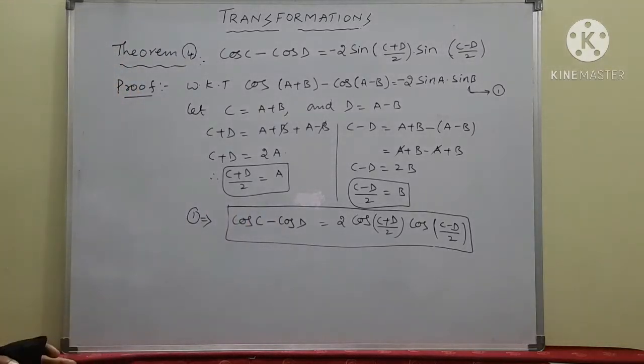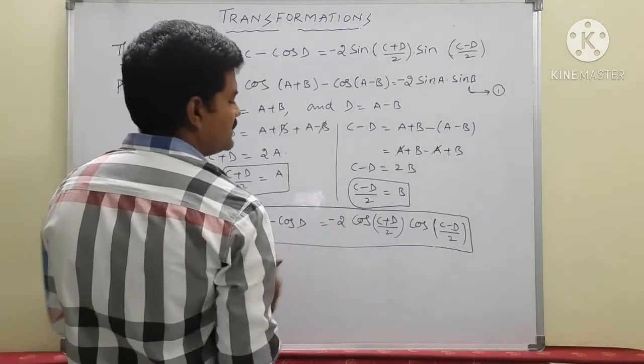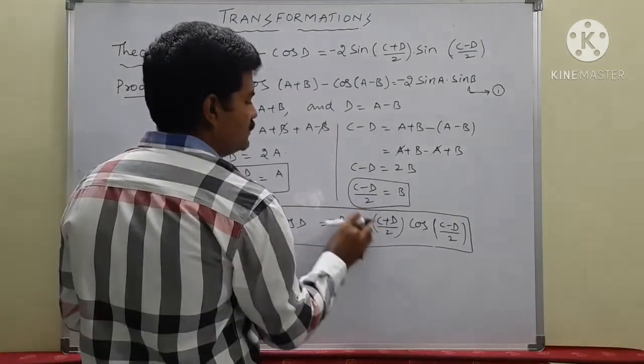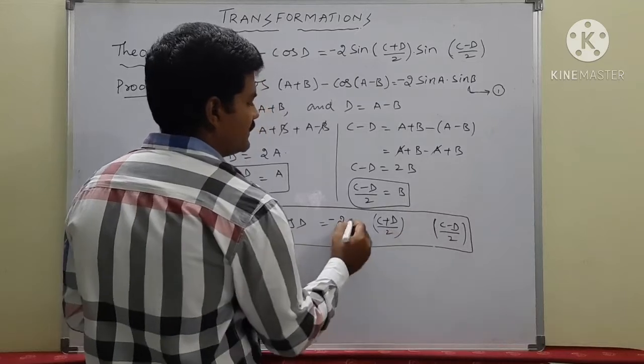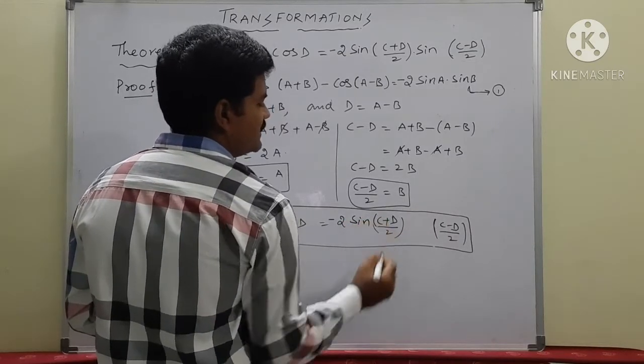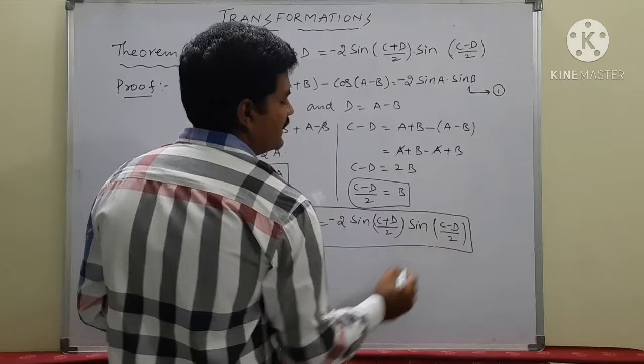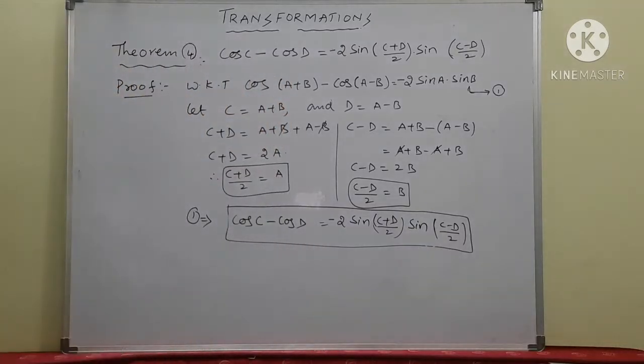Therefore, 1 implies cos c minus cos d is equal to minus 2 sin of (c plus d) by 2 into sin of (c minus d) by 2.